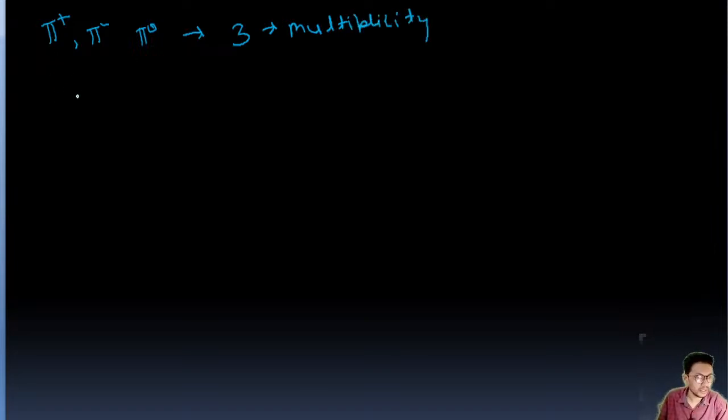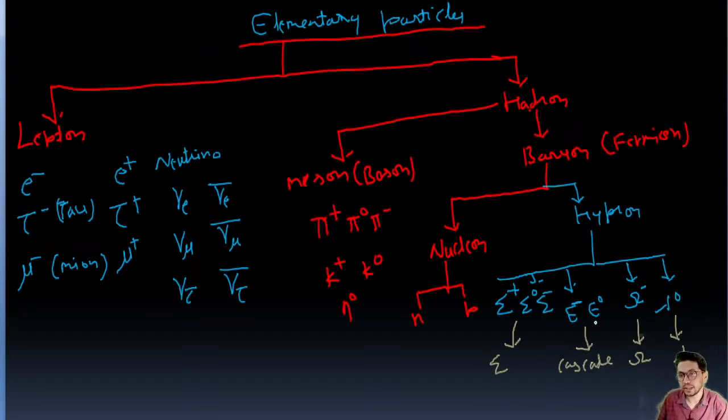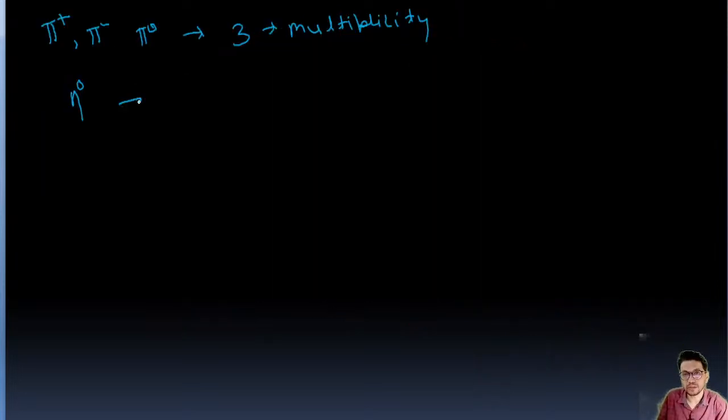Multiplicity. Okay, now for eta naught, there is only one particle, right? So the multiplicity is going to be 1. Similarly, for omega negative, the multiplicity is 1, right?